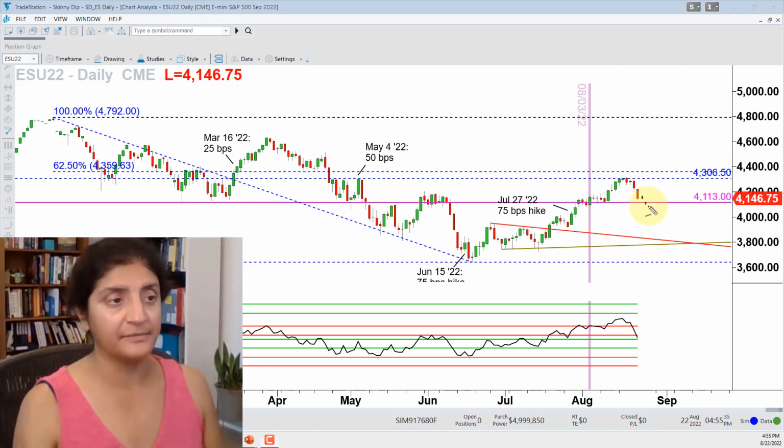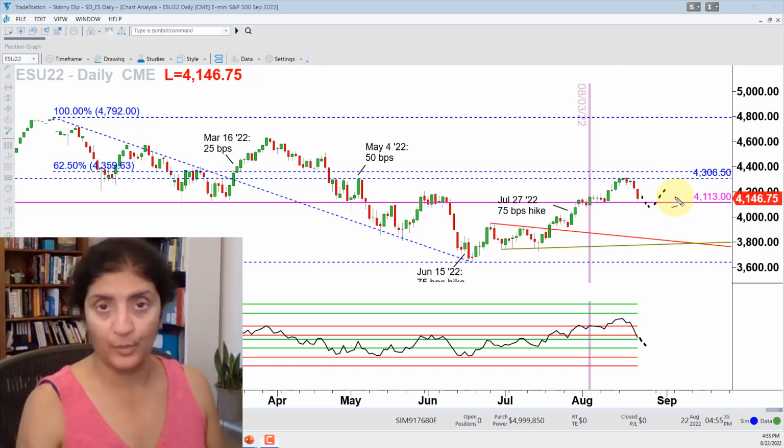So if we come down, test this level, and if the RSI power zones comes in and holds the bull support power zone, then we could see a recovery. And that recovery might be slower like this, it might be fast, it might be even slower than what I have sketched out. But my point is this, guys.